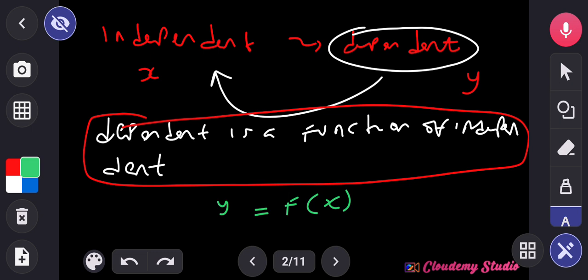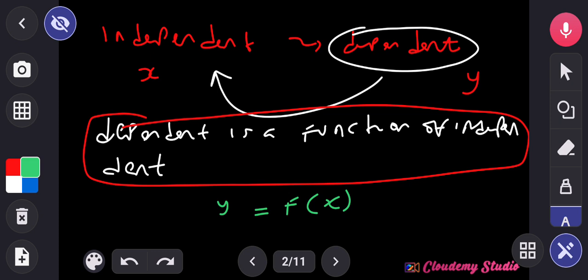So the distinction between f and f of x should be kept in mind. F denotes function, and f of x denotes function of x. And you have to understand that function of x is the same thing as y, because y equals function of x.